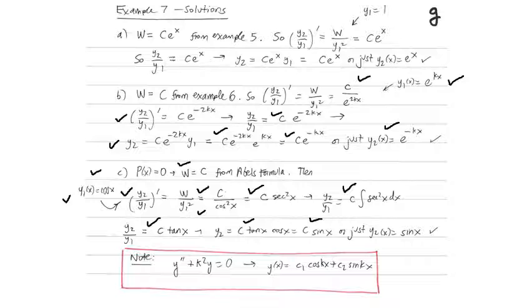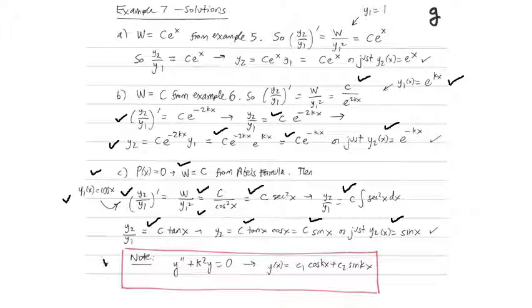And again, simplifying that just a little bit makes it a little more convenient to work with. Our second linearly independent solution, we'll say, is sine x to that problem. So the general solution of y double prime plus y equals 0 is c1 cosine x plus c2 sine x. That's the takeaway from that example.